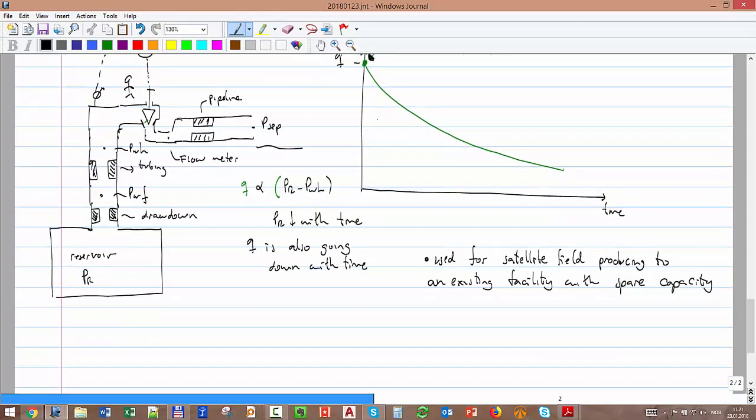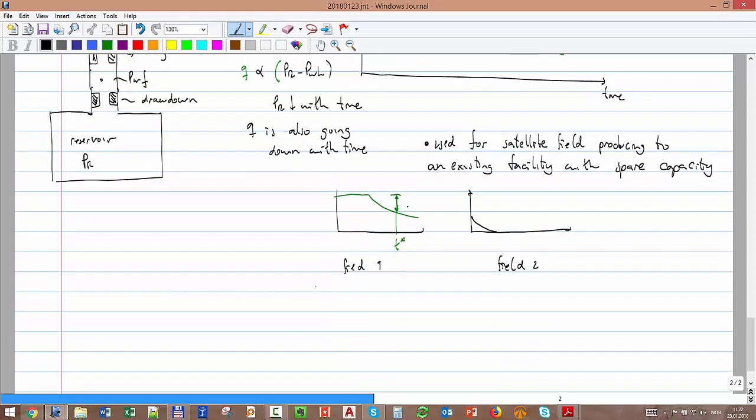So in this case, we produce only satellite fields. For example, we have a neighboring field that has produced in plateau, a big field, and it started to decline, and at this point in time we have this much production capacity. We can say, well, if we have a satellite, a very small field that produces with this profile, I can actually produce it connected to this other field. So this is field 1, and this is field 2.